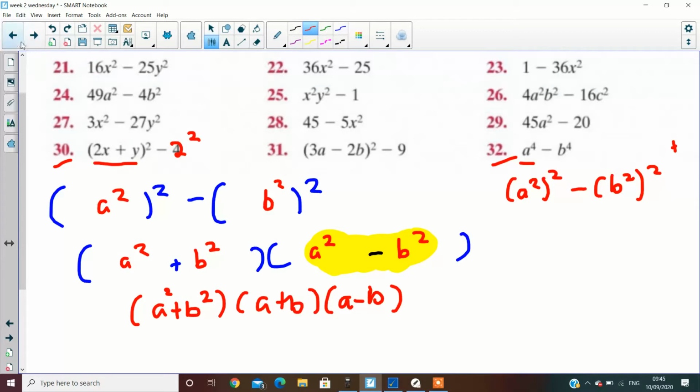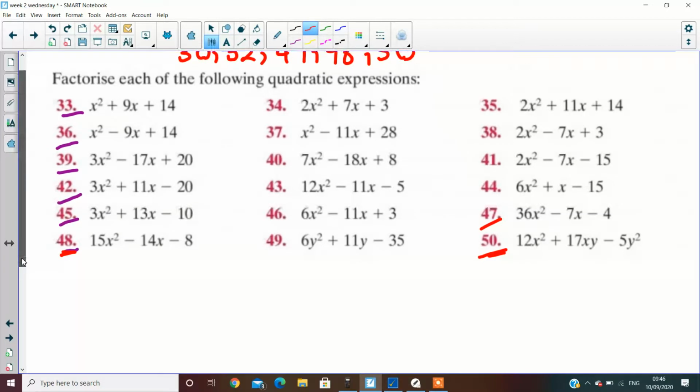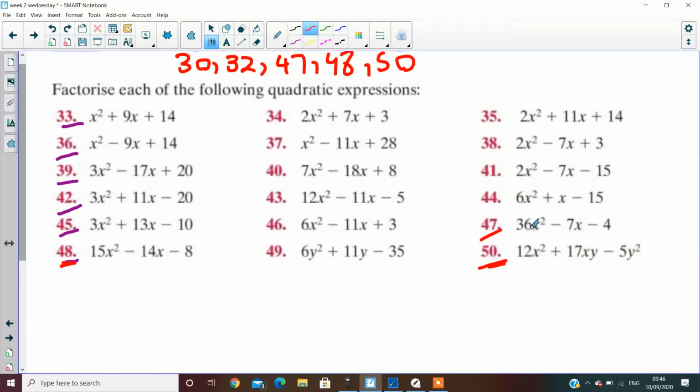So I've done 30 and 32 so far. Now I'm moving on to 47, 48, and 50. Okay, 47. Can anybody give me a reference number for 4 times 36? Multiply 4 by 36, gents. 144.